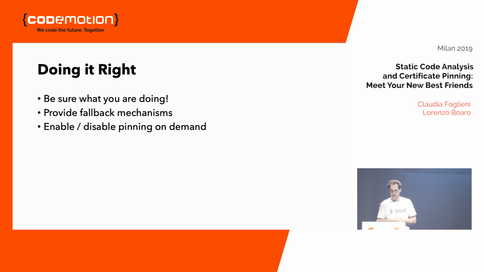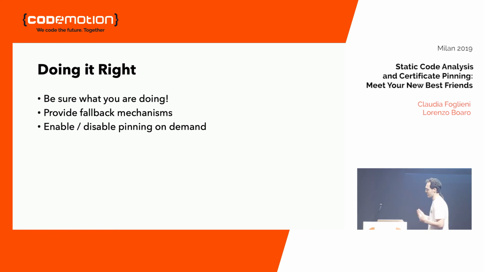The other thing is, it's really important to understand what certificate pinning is, and also how TLS works. Why? Because you can end up with an application that cannot work anymore. In order to prevent that, you always need to provide a fallback mechanism. With the fallback mechanism, maybe you want to have a fallback certificate on your server and in your application, because maybe the certificate in your application will sooner or later expire.